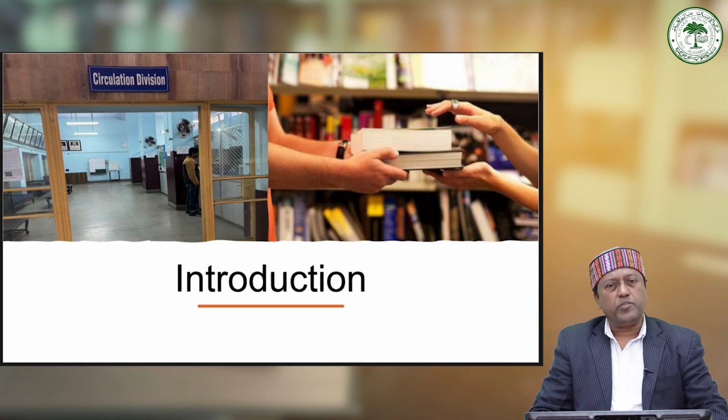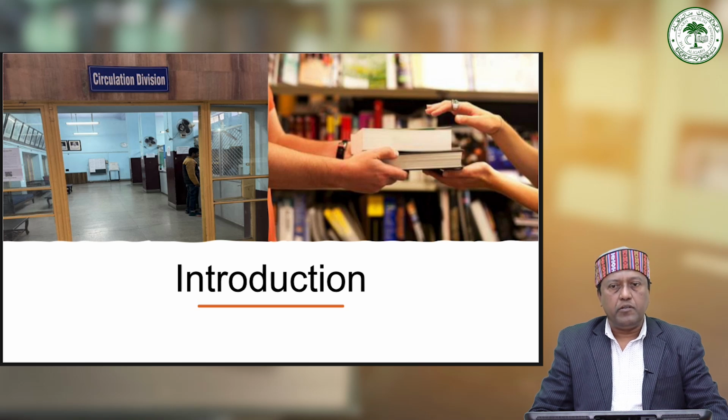More than just a repository of books, the circulation section represents the beating heart of library service, facilitating the flow of information and the exchange of ideas. So the circulation section basically embodies the fundamental principle of accessibility and inclusivity, ensuring that the library resources are readily available to all who seek them.